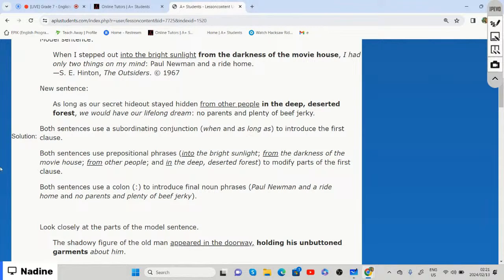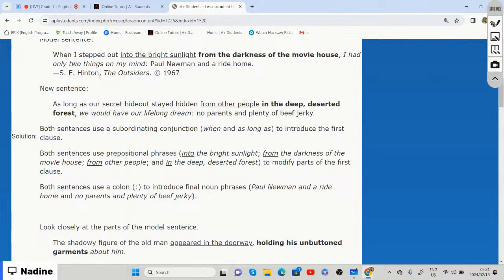All right. So we said both of these sentences use a colon, and the colon introduces the final noun phrase, saying Paul Newman and a ride home, as well as no parents and plenty of beef jerky.